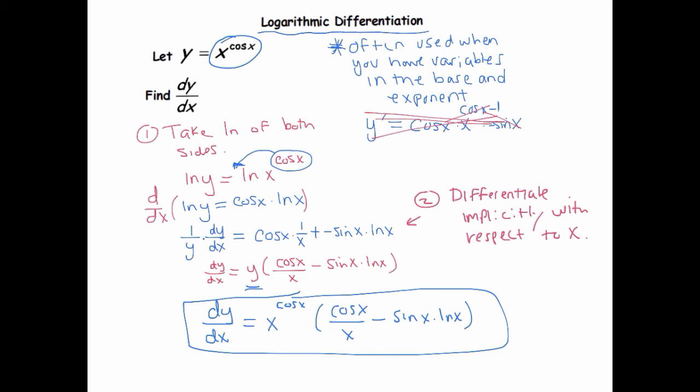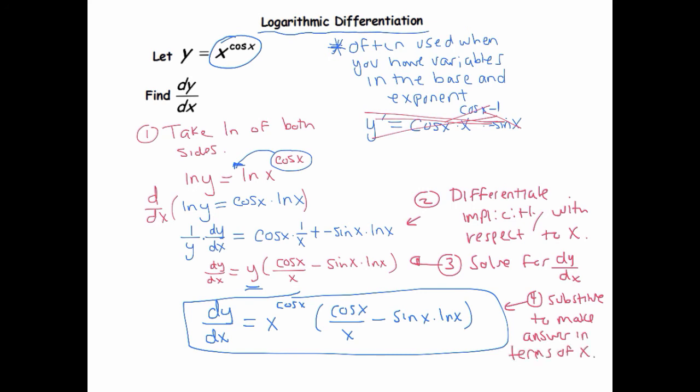And then the next thing we did was we solved for the dy dx. And then the last thing we did was we just substituted to make your answer in terms of x. Right, only in terms of x.